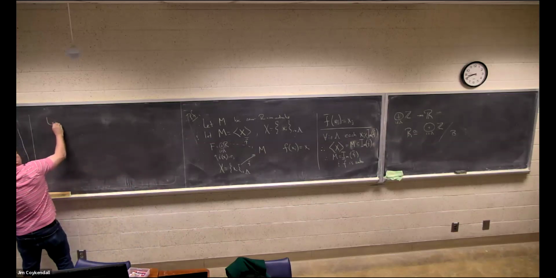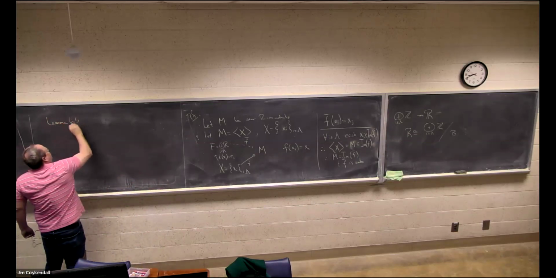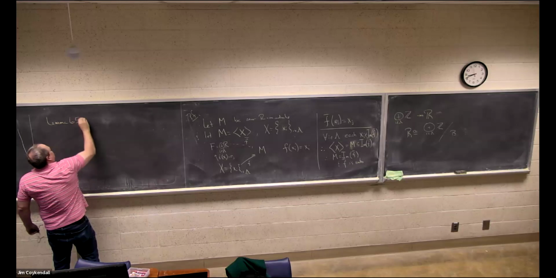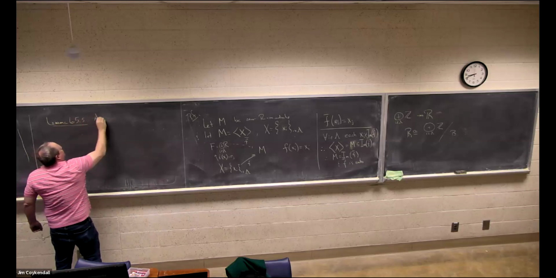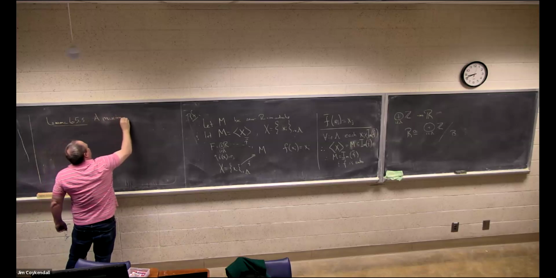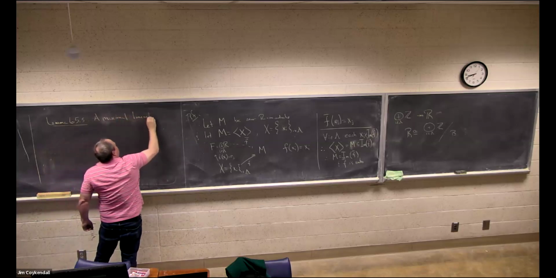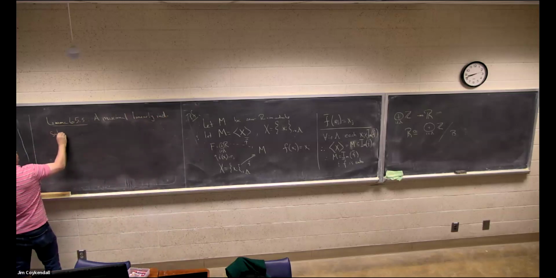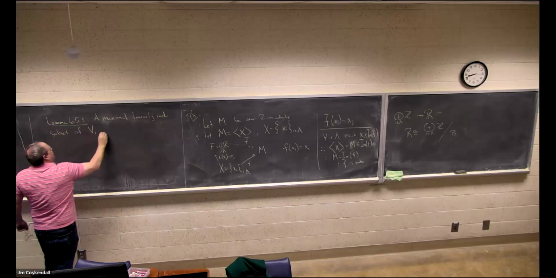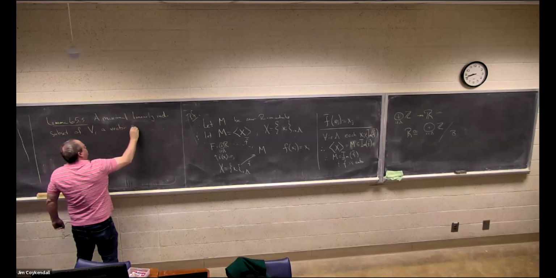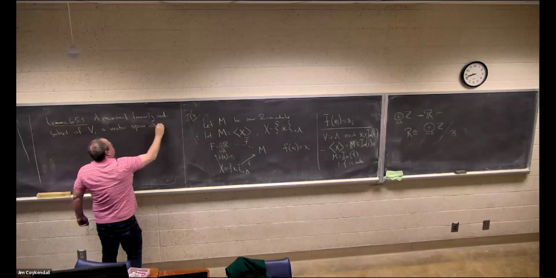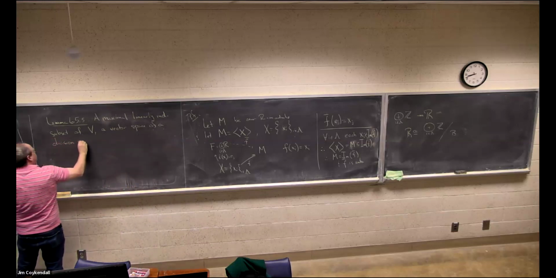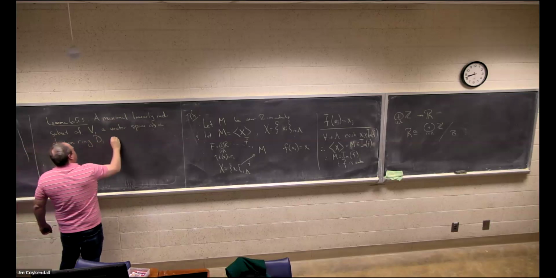Lemma 6.55. A maximal linearly independent subset of B, a vector space over the division ring, is a basis.